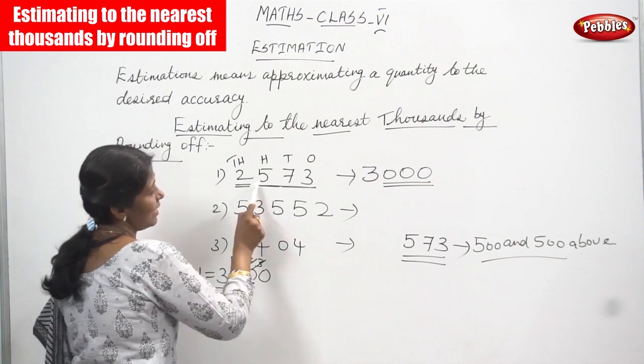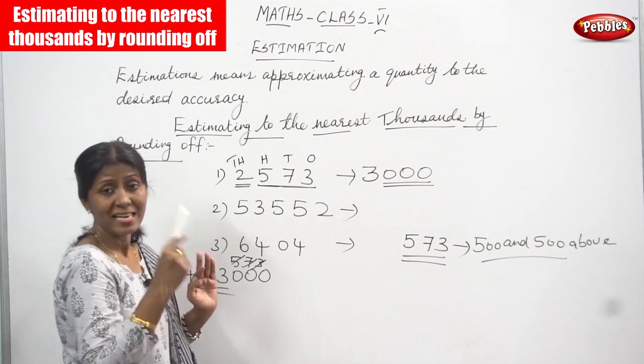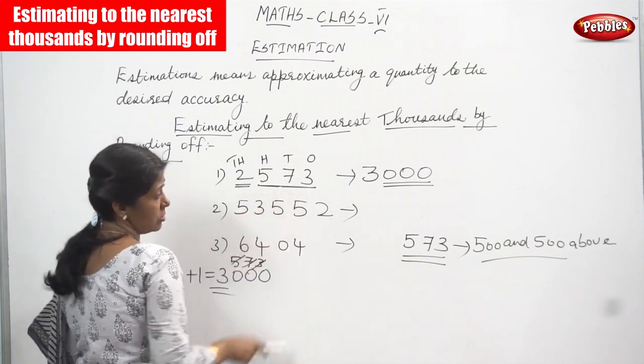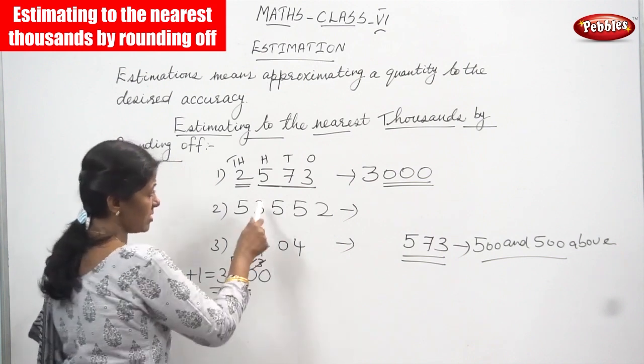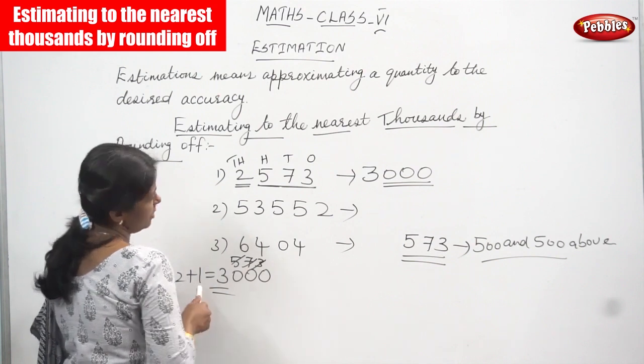After that, the last 3 digits you must change to zeros. The last 3 digits become 0. I'll repeat once again.